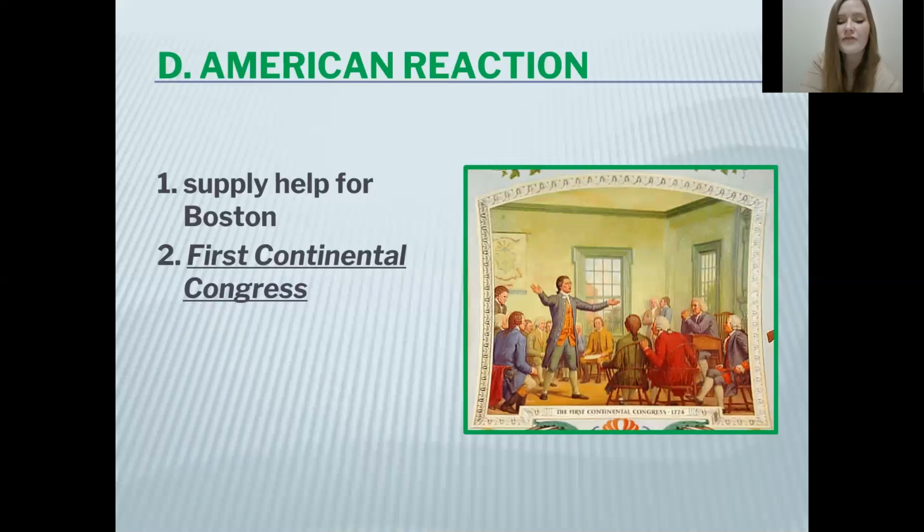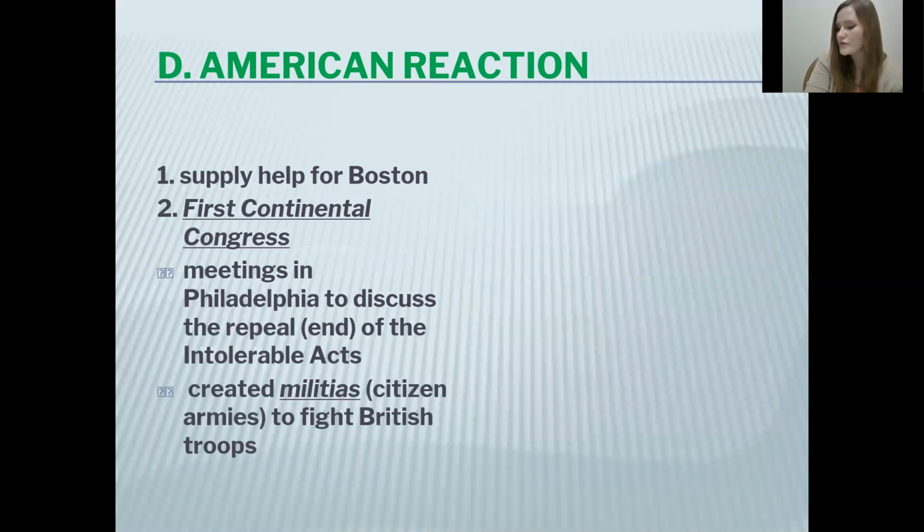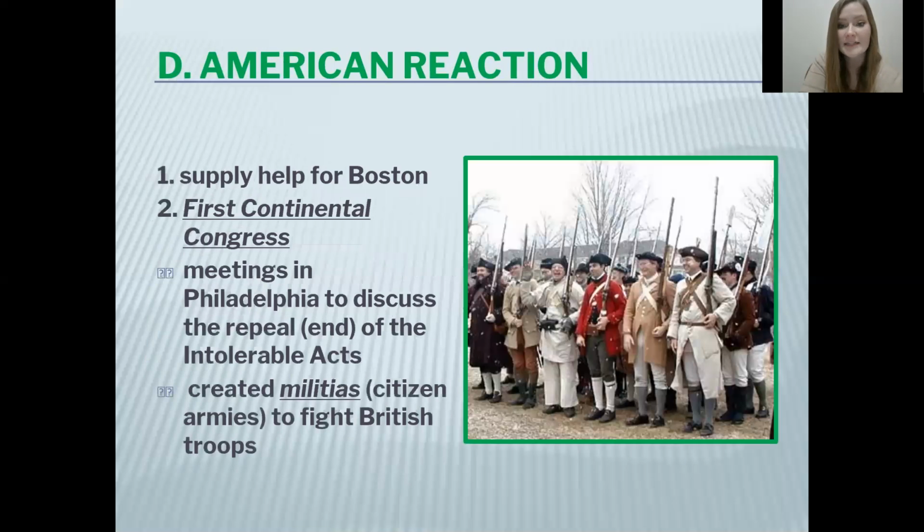So these fellas got together and they started to have broader goals. They began working together, all of the colonies, and they wanted to meet to repeal the Intolerable Acts. That was their major goal, clearly. But then they also created militias and they called for a boycott.